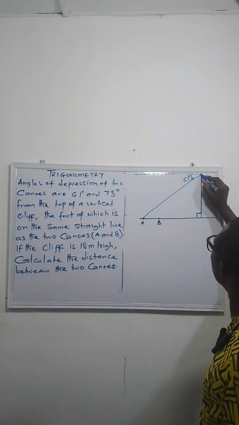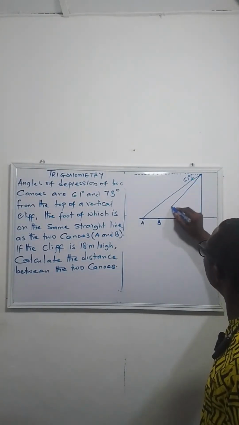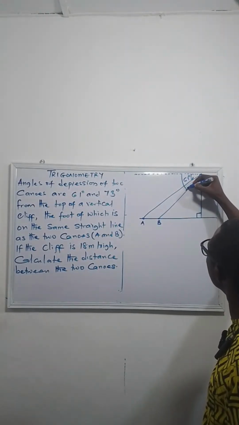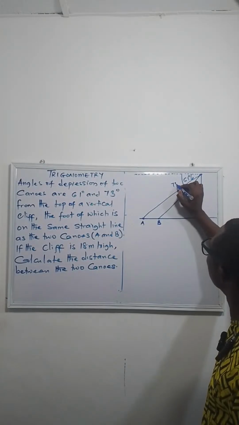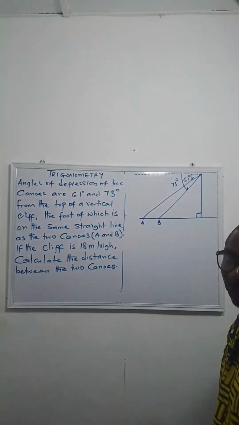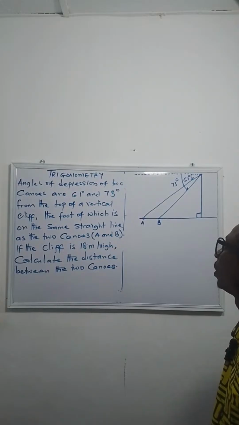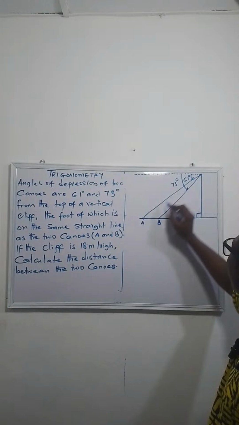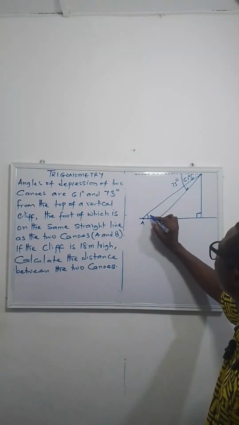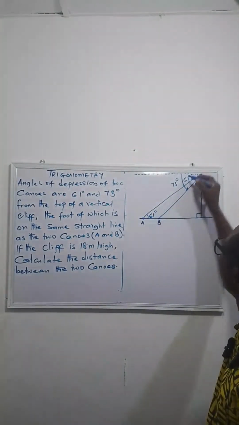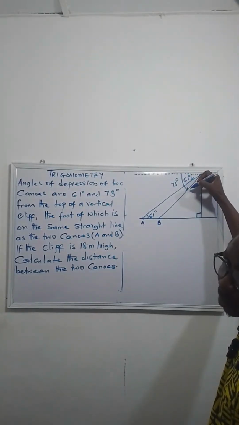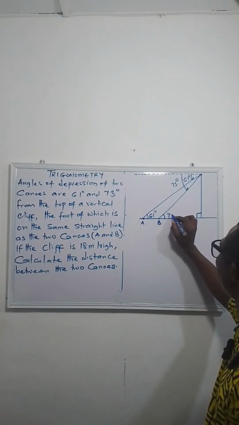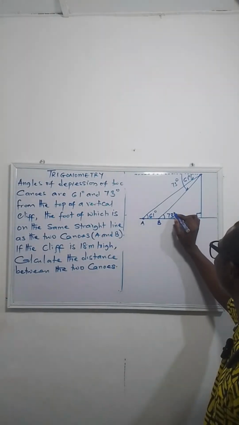So it moves down, and that angle is 73 degrees. So we now have two angles of depression. This angle here, 61, is alternate to this, so this angle at A is 61 degrees. And this bigger angle of depression is alternate to this, so this angle here at B is 73 degrees.